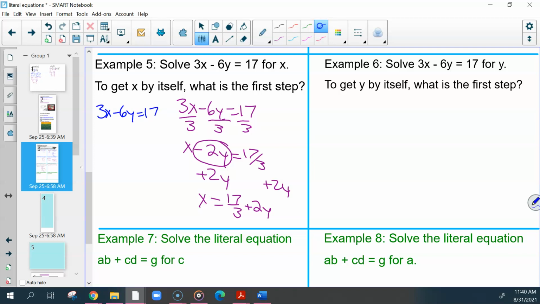If that came to mind at the beginning, you could have started off with moving the 6y to the other side, and then dividing by 3. So this way is basically the opposite of how Kobe started this, and that's okay, because they are the same in the end.